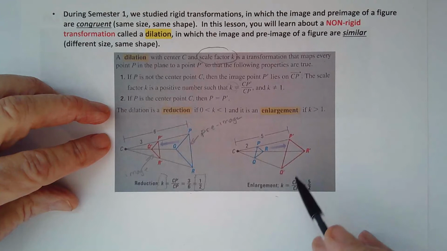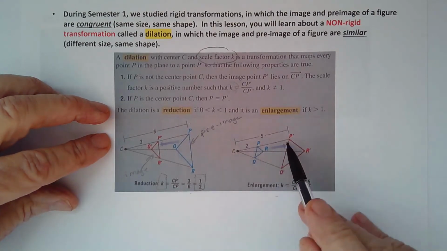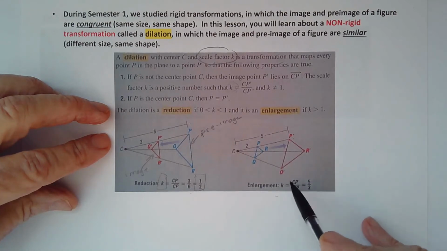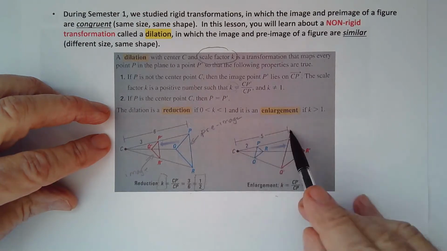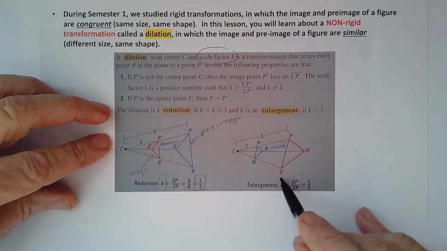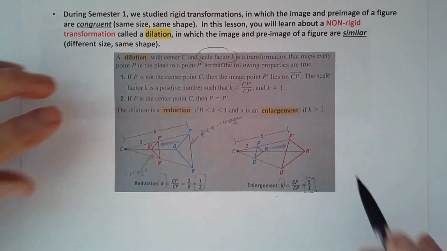So C to P prime divided by CP. So C to P prime divided by CP. So in other words, 5 divided by 2 is the K factor, or the scale factor. Okay? So that's what you have to do.